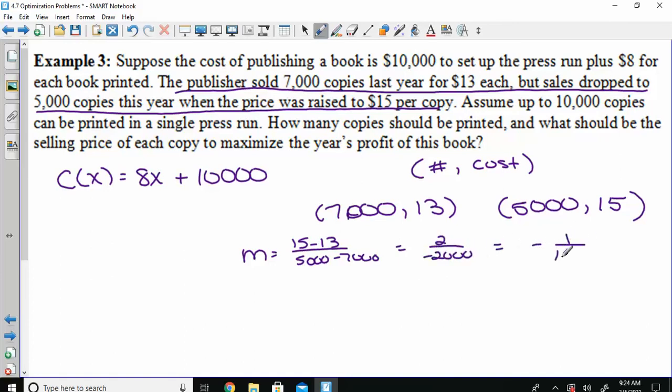So my slope is negative 1 over 1,000. How do we find b? Take one of your points and your slope, and plug into y equals mx plus b. So if I use the first one, my y is 13 equals m times x plus b.